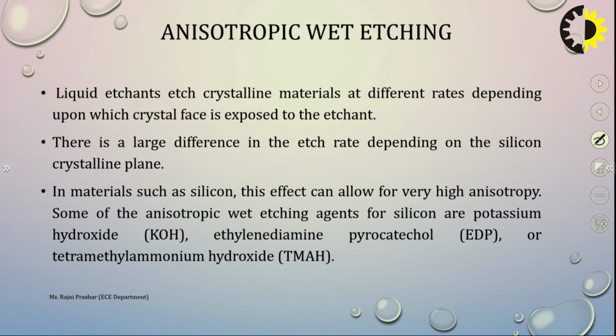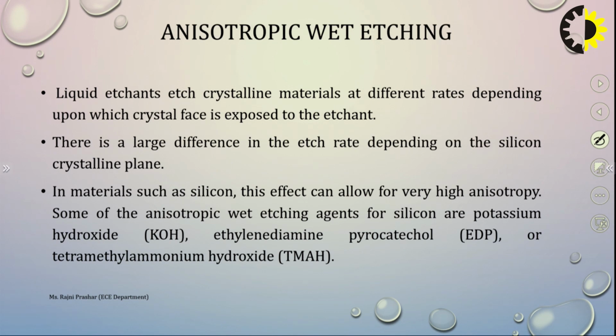So anisotropic. In case of anisotropic wet etching, some specified chemicals are used. Liquid etchants etch crystalline material at different etch rates depending upon which phase of the crystal we are going to etch. So there is a large difference in etch rate depending upon the crystalline plane. In materials such as silicon, this effect can allow very high anisotropic rates.